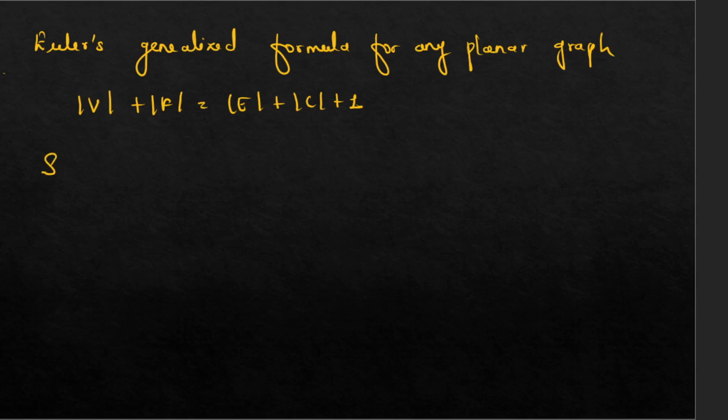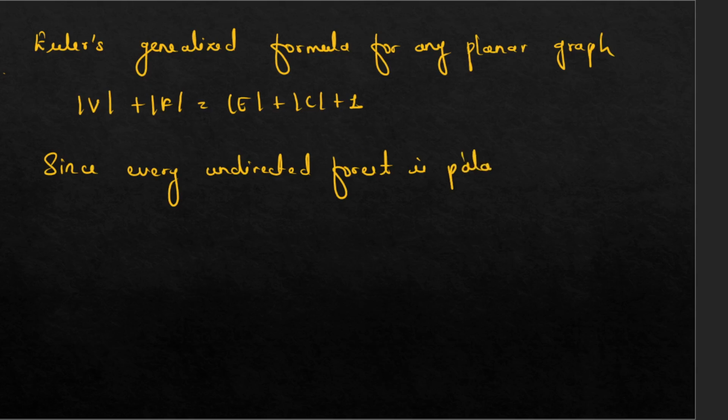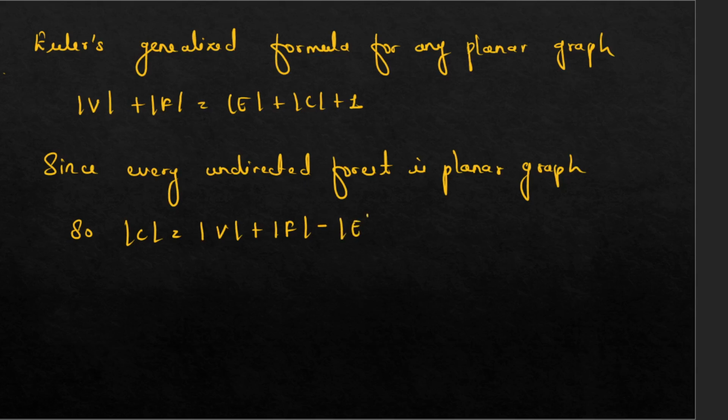So since every undirected forest is a planar graph, C equals V plus F minus E minus 1.